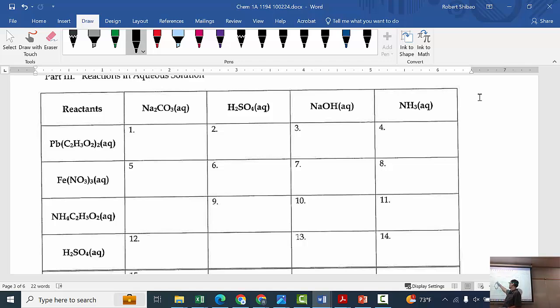So this is ammonium acetate here. Let's add that to the sodium carbonate.